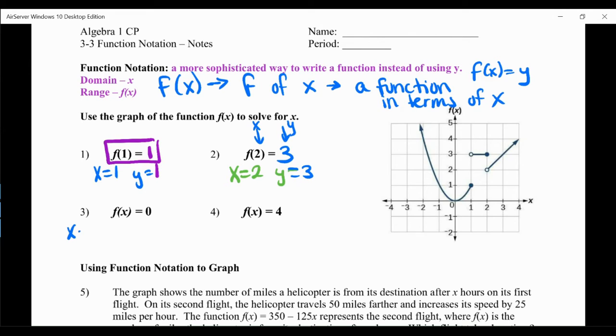So in this case, what does x equal when y equals 0? y equals 0 on the x-axis, and all the values here have a y value of 0. So it's this point here at (0, 0) that we want. So when x equals 0, y equals 0.